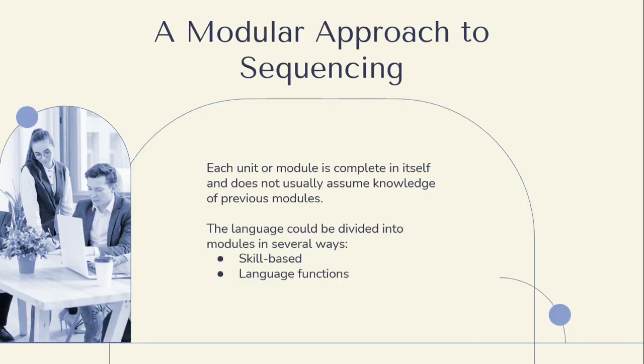The second major type of approach is the modular approach. This approach breaks down the courses into independent non-linear units. So these units can be part of a lesson, or a group of lessons. Each unit or module is self-contained and does not normally assume prior module knowledge.